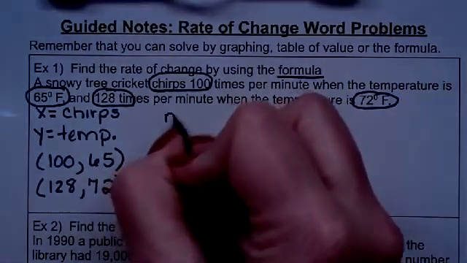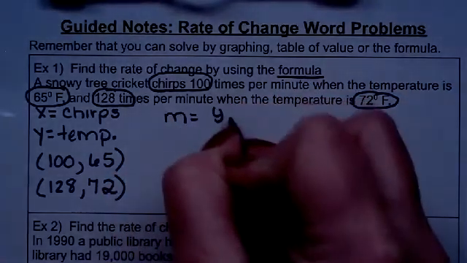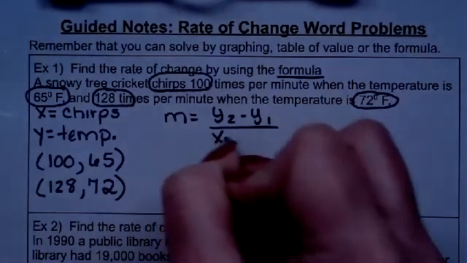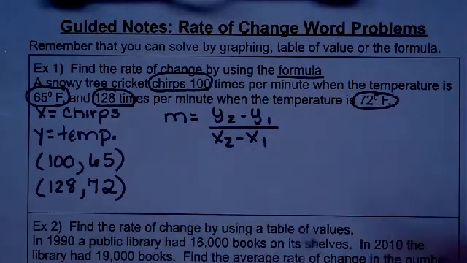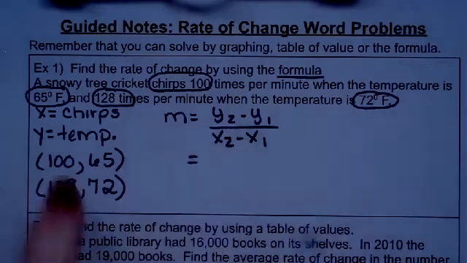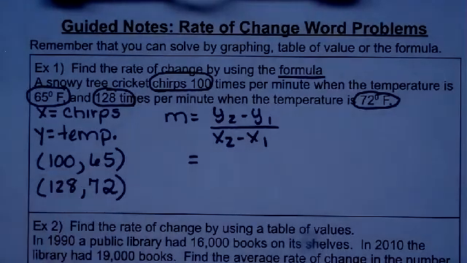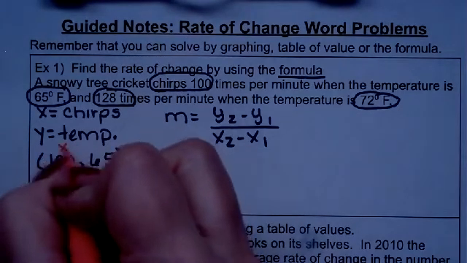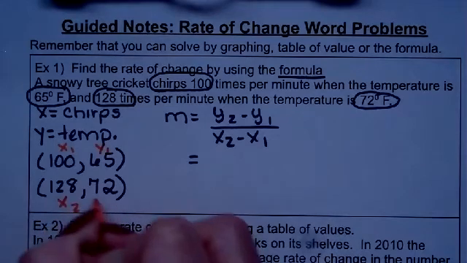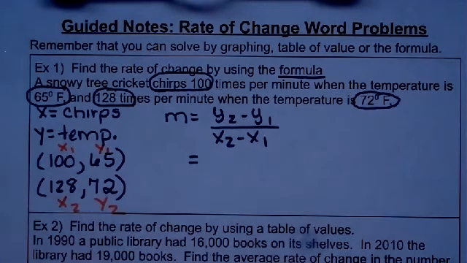So our formula is y sub 2 minus y sub 1 over x sub 2 minus x sub 1. Now, all I'm going to do, remember, is put my 4 values in their correct spot. What we have to remember is that this is x sub 1, y sub 1, x sub 2, y sub 2.